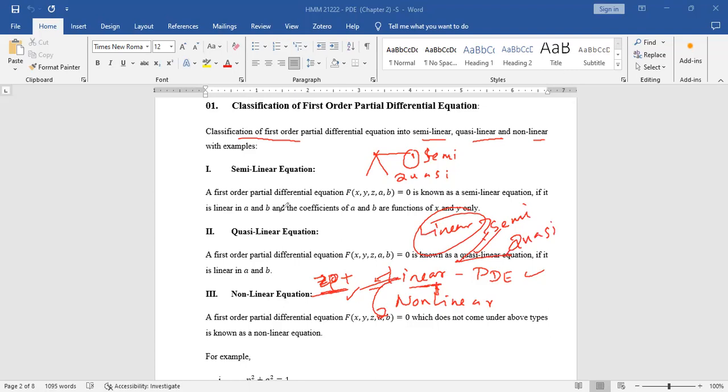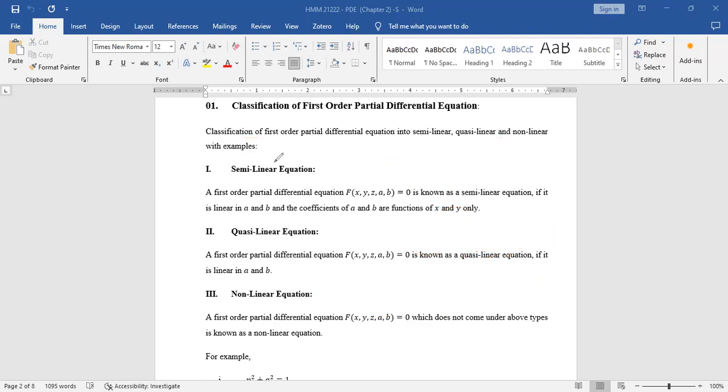Okay. Now, write down these things. First of all, semi-linear equation. Put the heading semi-linear equation. I think first of all I need to give you the idea of linear.